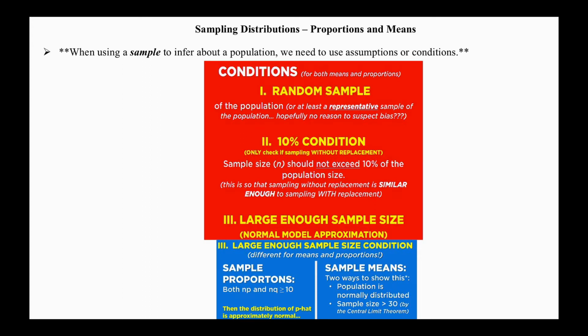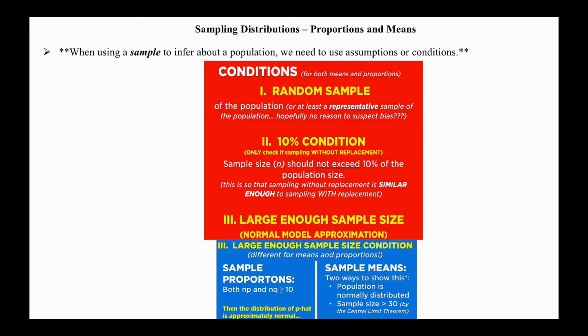We don't know which one they did, so the sample has to be smaller than 10% of the population size. So we say 10% condition, and then we check: what's the sample size? Is that less than or equal to 10% of the population? Then it's either yes or no, and we move on.